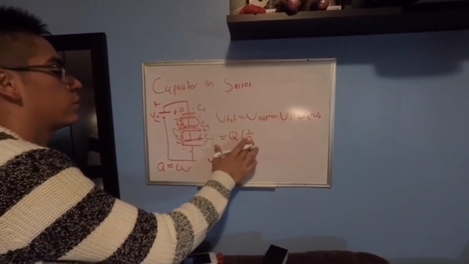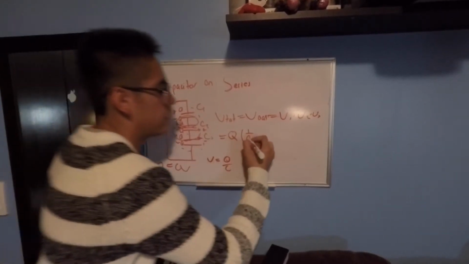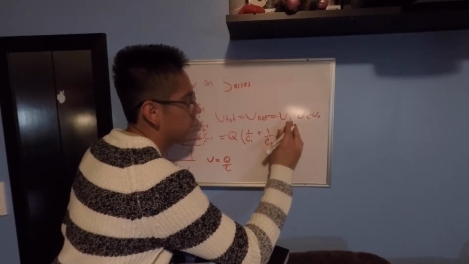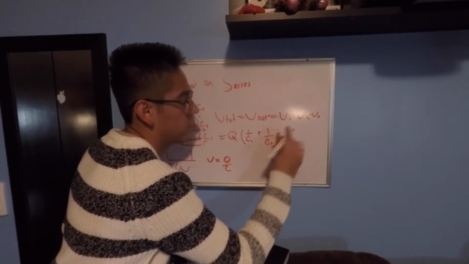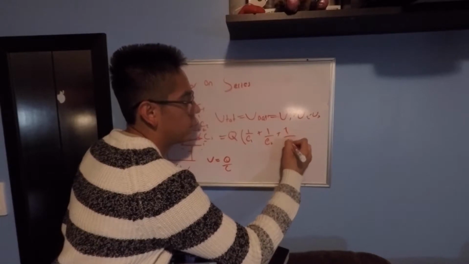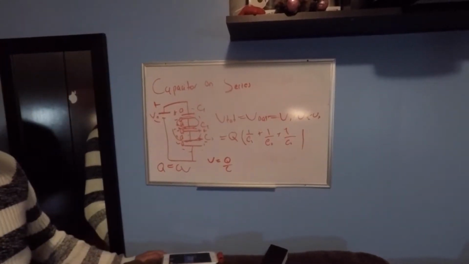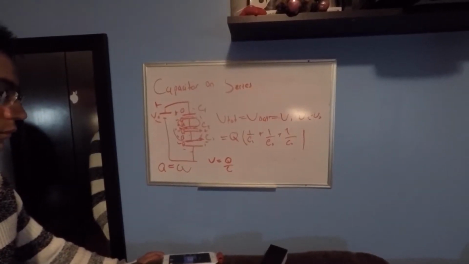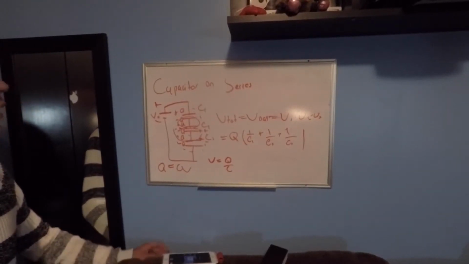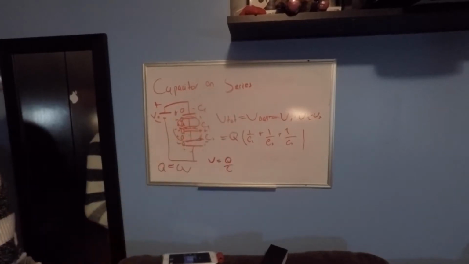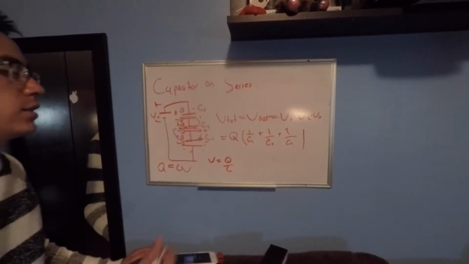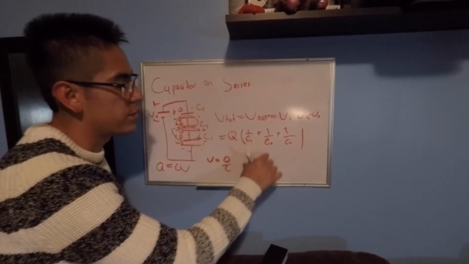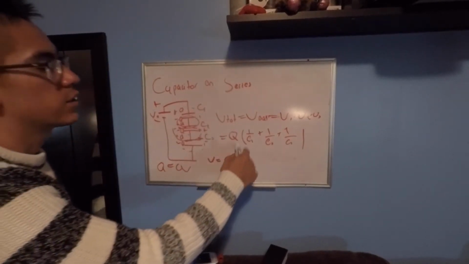Oh, it's not Q, it's C. So we got the sum of capacitance, very simple. That is what we get with the voltage, and this is why Q over C1 is the voltage of number 1, Q over C2 is the voltage of 2. So we got the same thing.